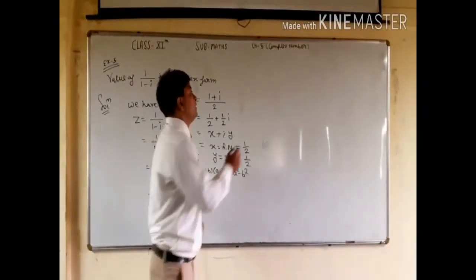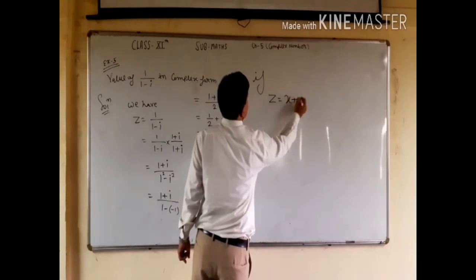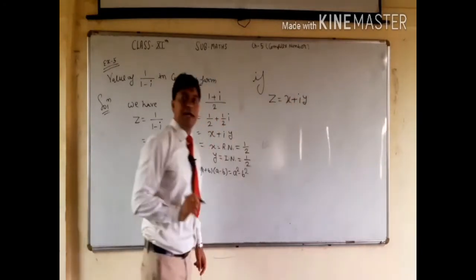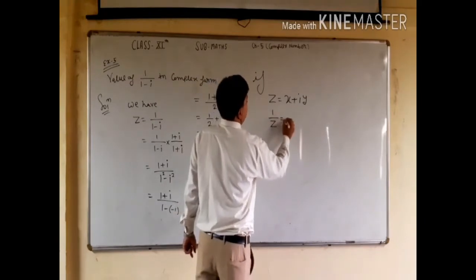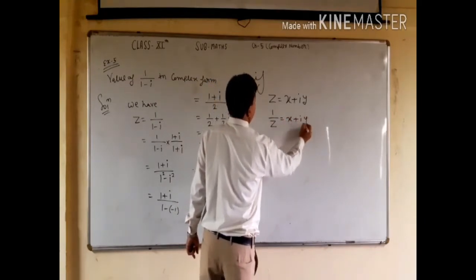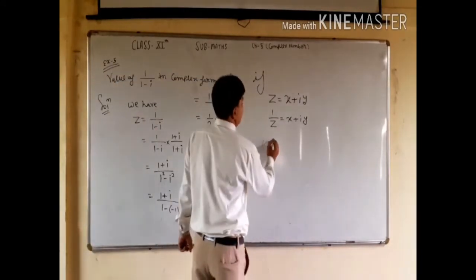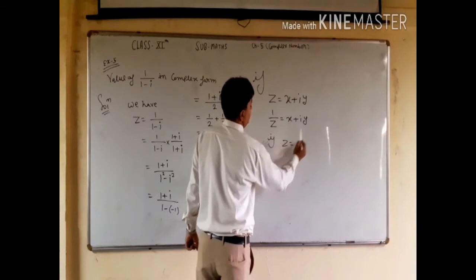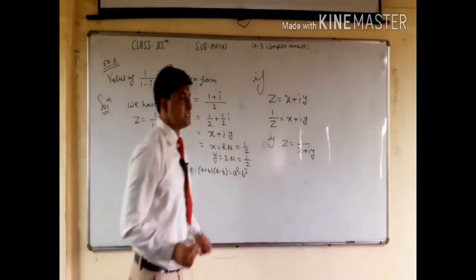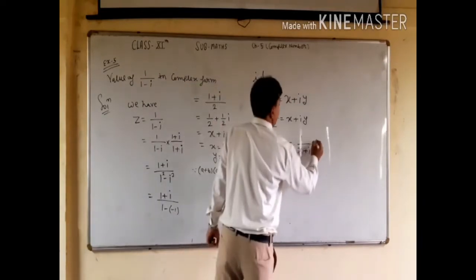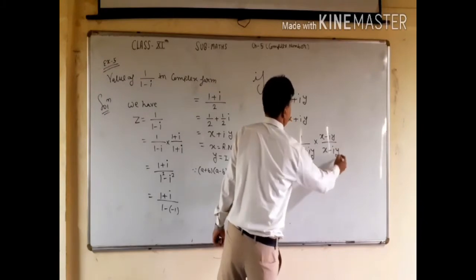So if z equal to x plus iota y, and 1 upon z, then we say that if z equal to 1 upon x plus iota y, then we rationalize this by x minus iota y upon x minus iota y.